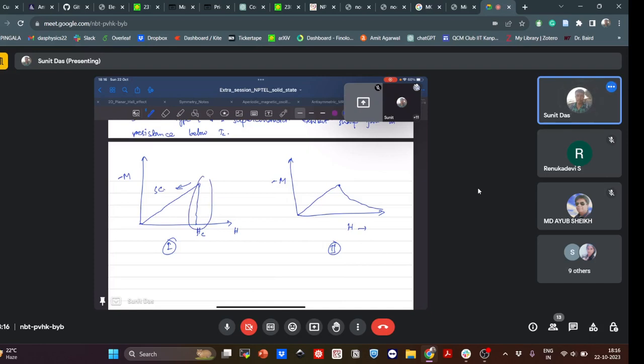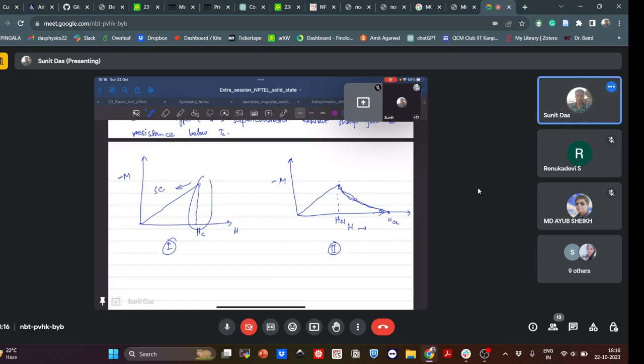It gradually decreases, and for the linear portion the field is Hc1, and whenever it becomes almost 0, then we call it Hc2, the second critical field.